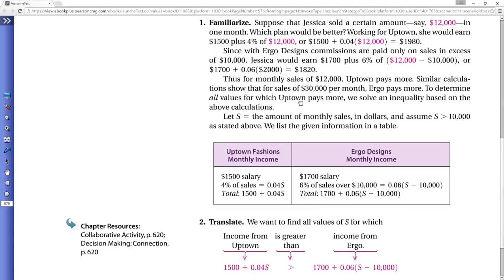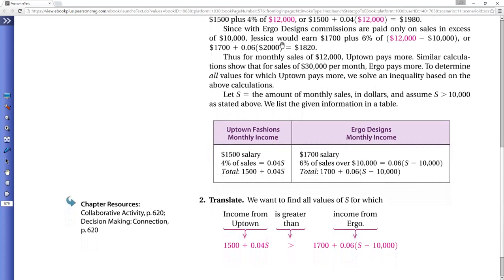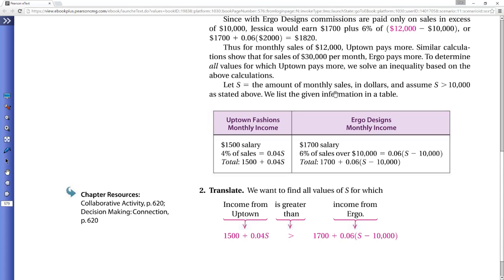It'll hit an area where Ergo Designs is going to be a better place to work. So they took one instance where this person sells $12,000 worth of items. Well, since a similar calculation shows for sales of $30,000 a month, Ergo pays more.